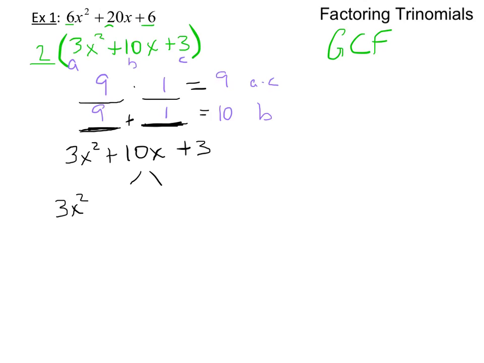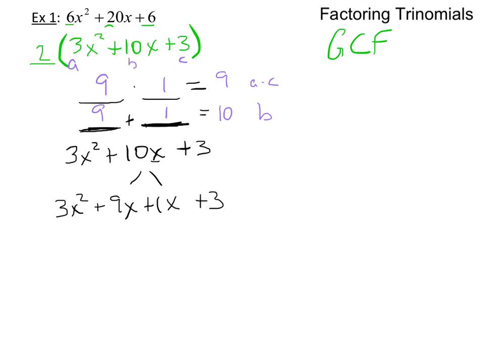The next is a 9, and it's going to have a variable along with it. Whatever this variable is right here is going to go along with the 9. So plus 9x, and then I use the next one, plus 1, and that also gets the same variable as what's right there. And then finally plus 3.